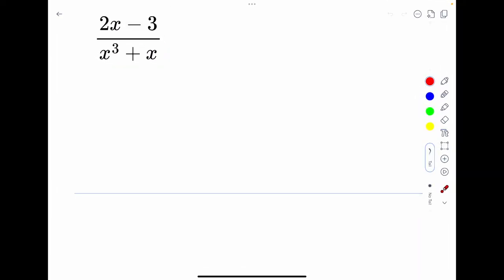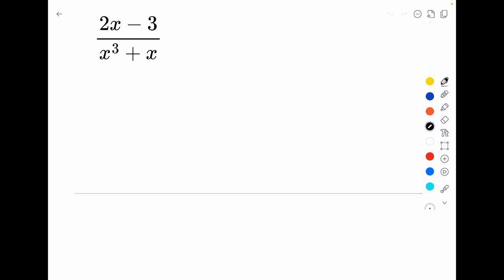Guys, now for 2x minus 3 over x cubed plus x, what do you notice about this? Well, the degree of the numerator is less than the degree of the denominator, so we can decompose this in a certain way.